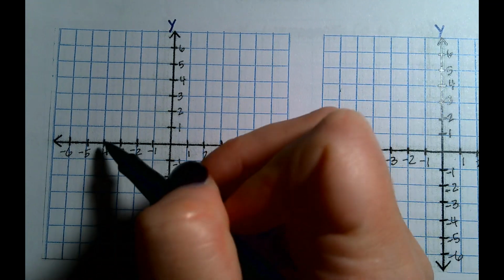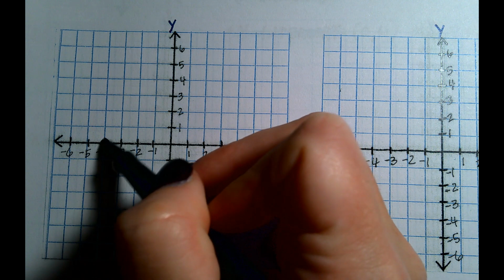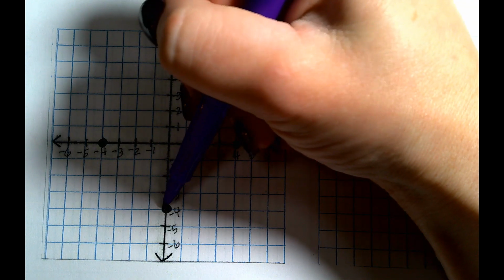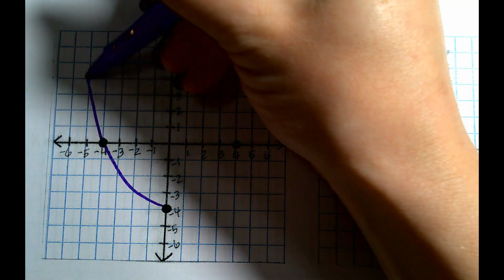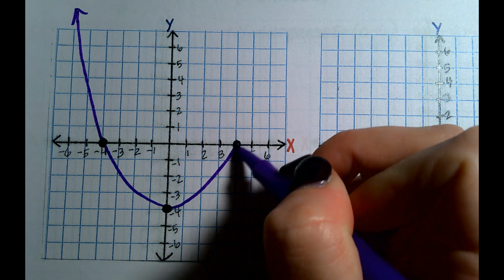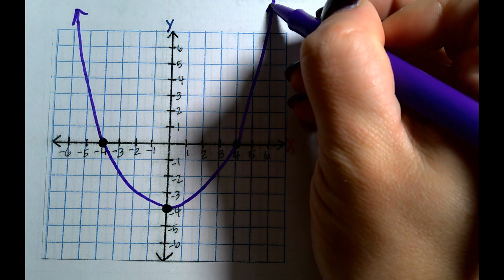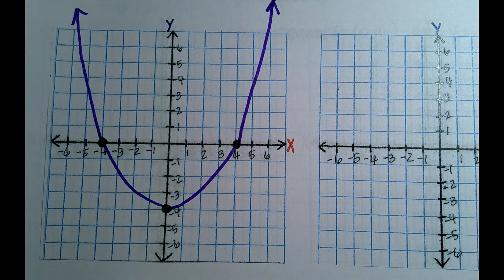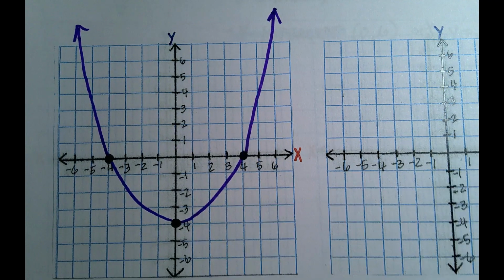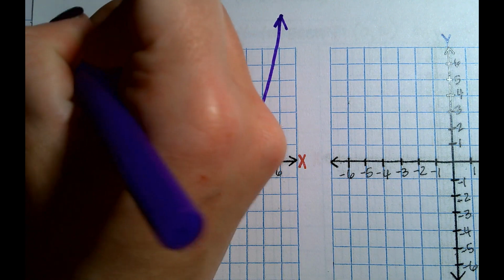And -4 on the x-axis. Now, these are the only 3 points I'm giving you. And we'll draw the parabola. Okay, and it does not have to be perfect. Mine is not perfect. We'll call this number 1.